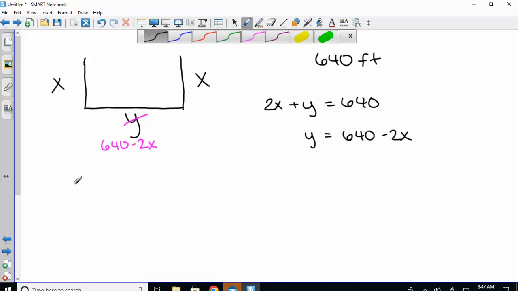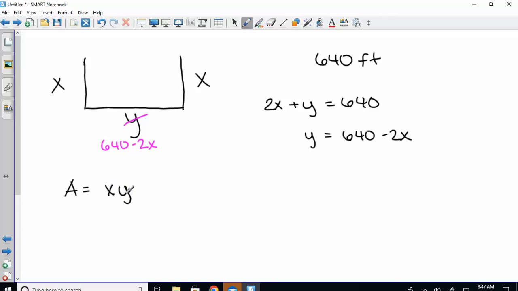If I want the maximum area, we need a formula for area. How do you find area? Length times width, x times y. So that would be x times 640 minus 2x. Any word problem I give you, you probably noticed a pattern on your homework.